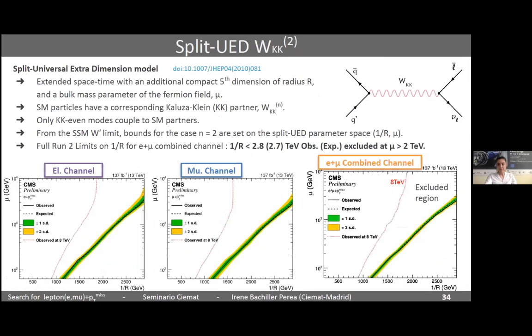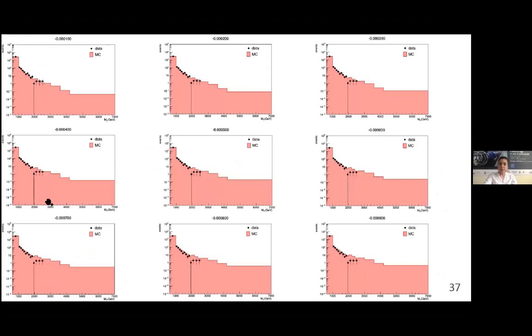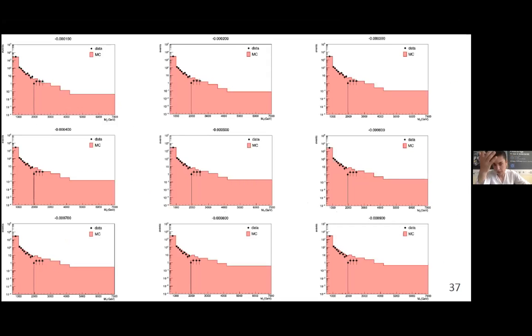Okay, so this is the distribution of the transverse mass of the lepton and pT, with data in black dots starting from 1 TeV, and the Monte Carlo in pink. The standard model Monte Carlo is for a W parameter of 0, and it is the transverse mass distribution that I showed during the analysis.